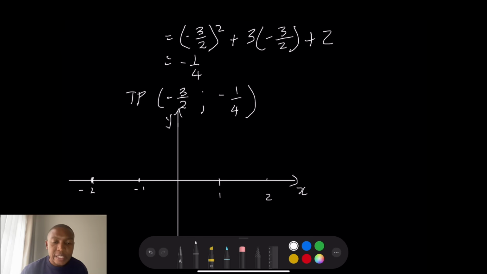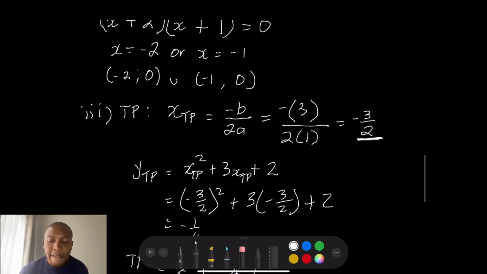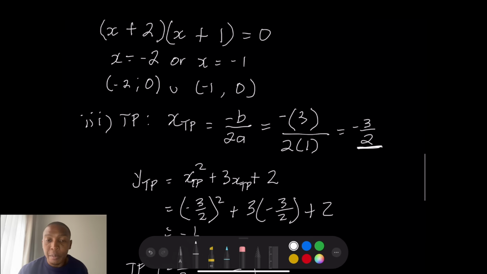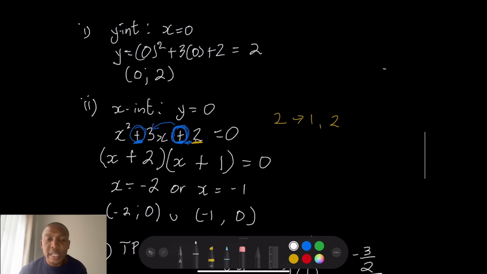So in this case, now I know this is where we're going to cut in terms of x. But what about the y-intercept? We said our y-intercept was at 2, you remember. So this represents our y-intercept.